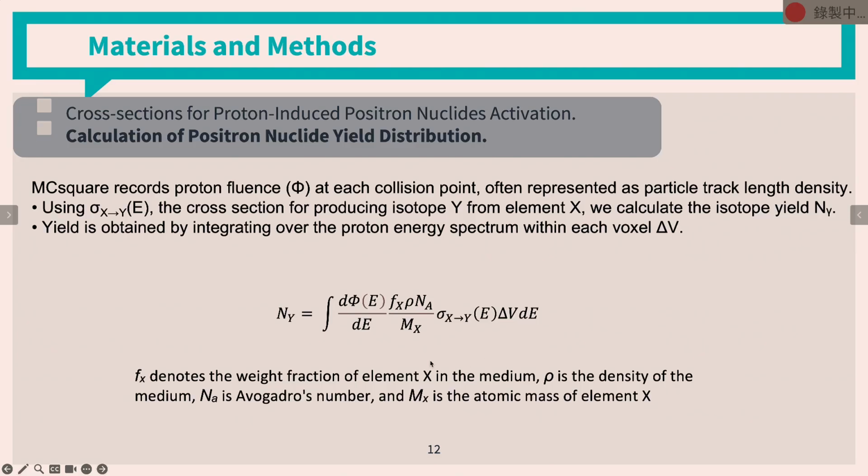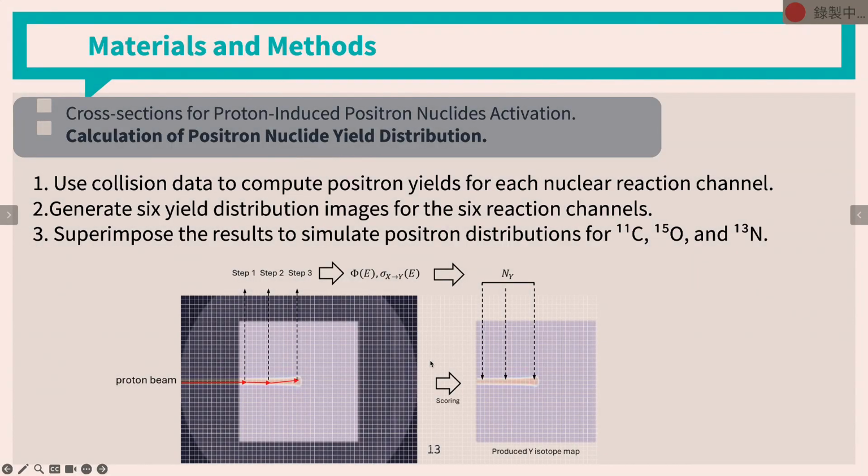And this figure shows the planned workflow. We will first develop a positron distribution calculation model within the MC² software. This function will utilize particle information recorded after collisions, and based on the previous equation, will calculate the positron yield distribution for each nuclear reaction channel.